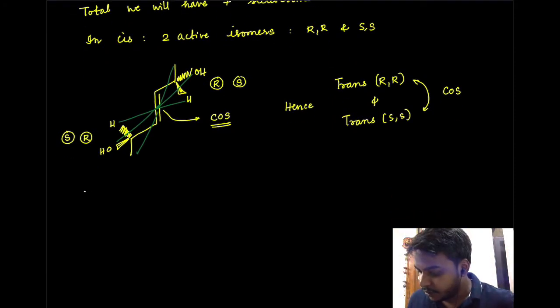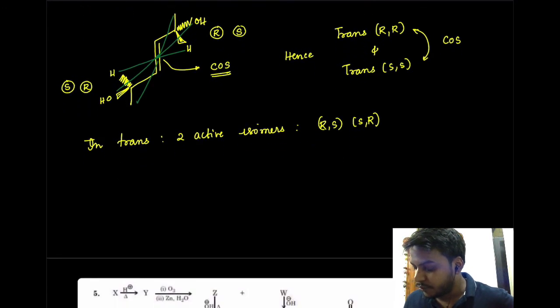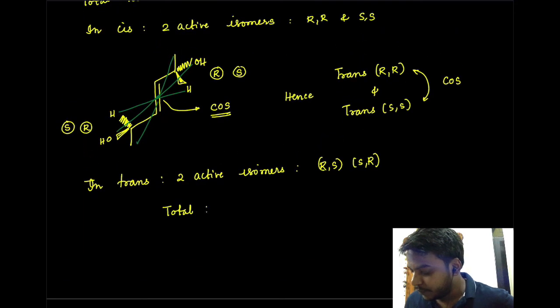Therefore, in trans, the optically active isomers would be two active isomers, which will be trans with RS and trans with SR. So here we got 2, here we got 2. So in total we will have 4 isomers which are optically active isomers.